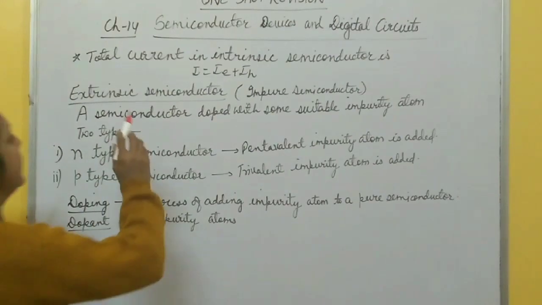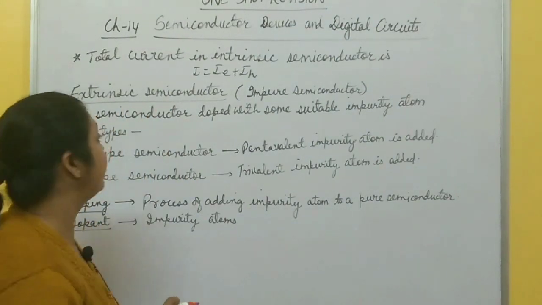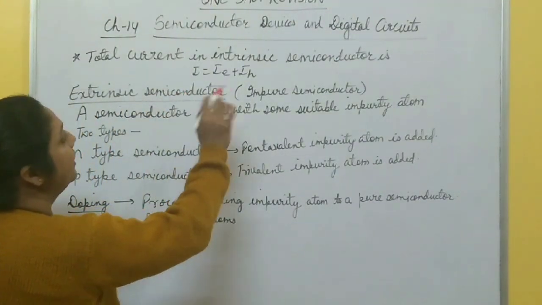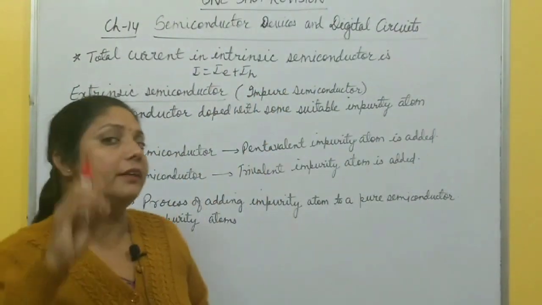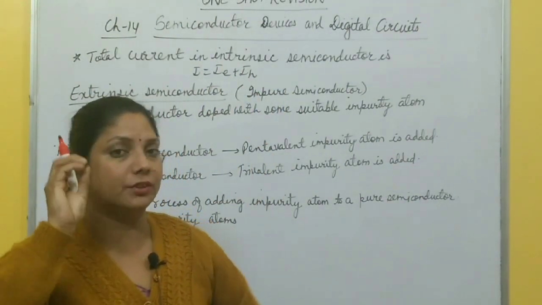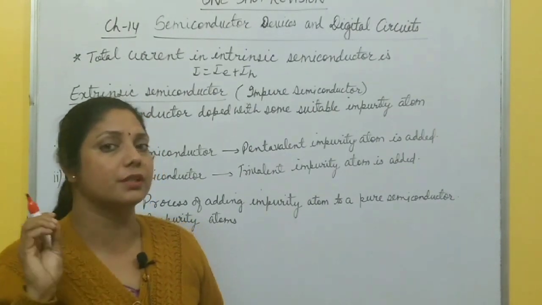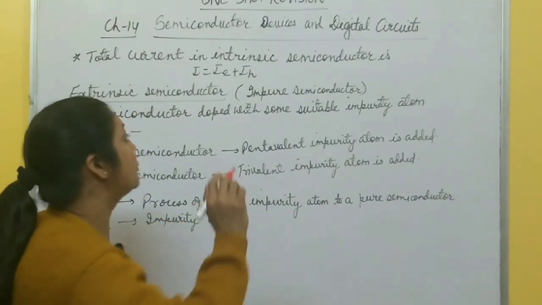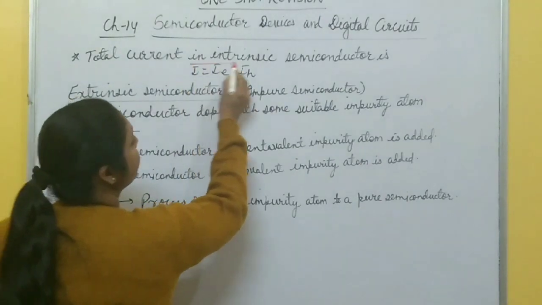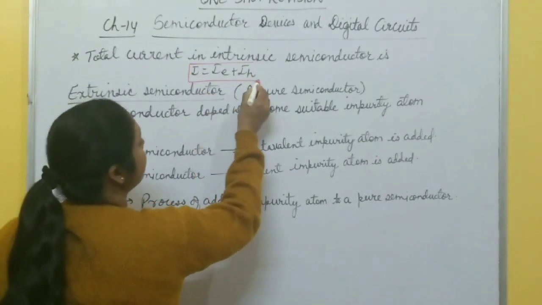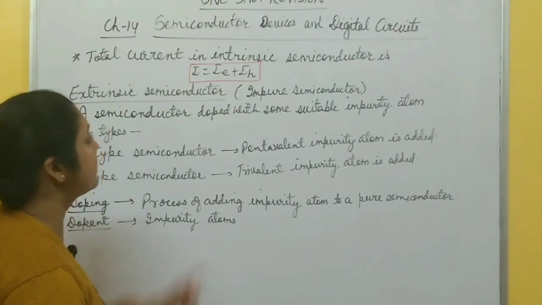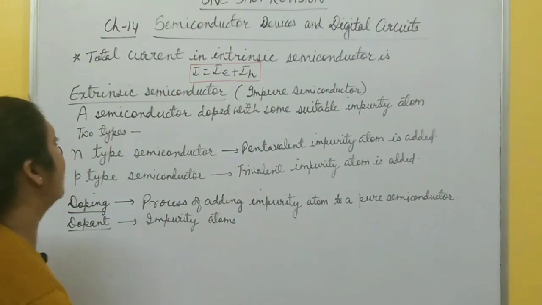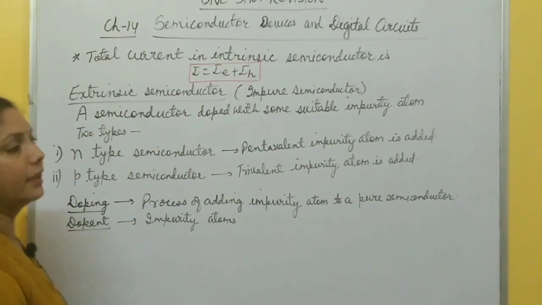Now the next topic is the extrinsic semiconductor, but before that you must note one thing about the intrinsic semiconductor. In an intrinsic semiconductor, both charge carriers, electrons and holes, are present in equal number. So the total current in an intrinsic semiconductor is the current due to electrons plus the current due to holes. You must remember this formula. Now the next one, extrinsic semiconductor.